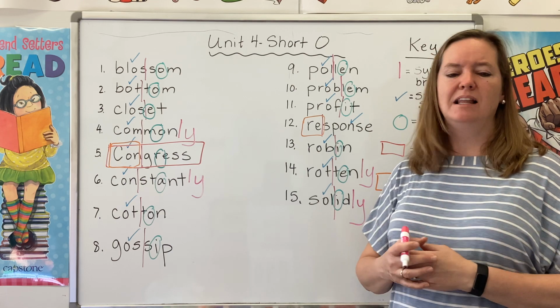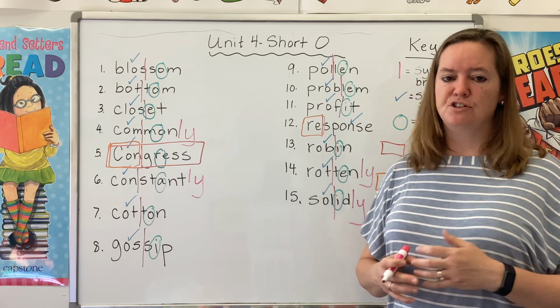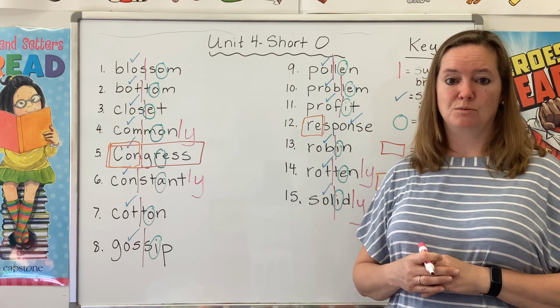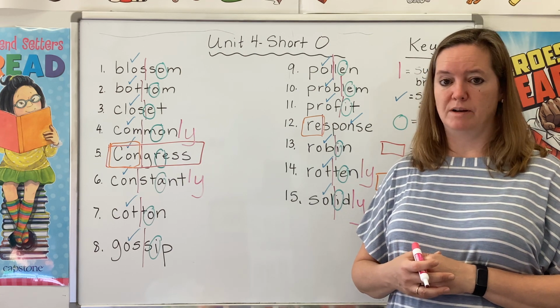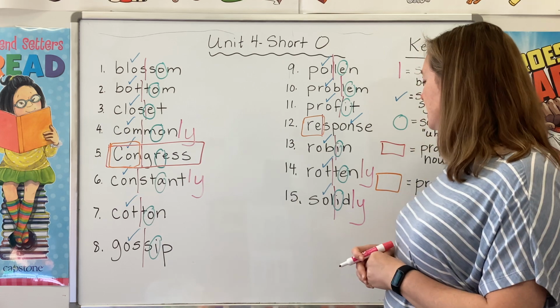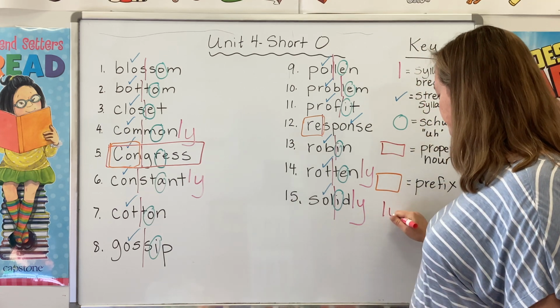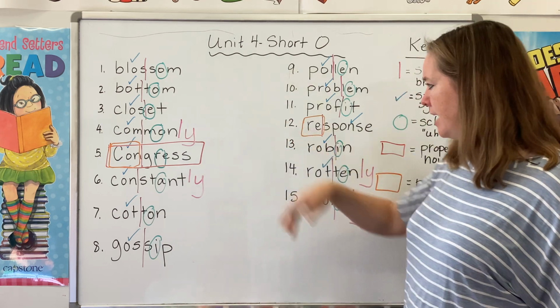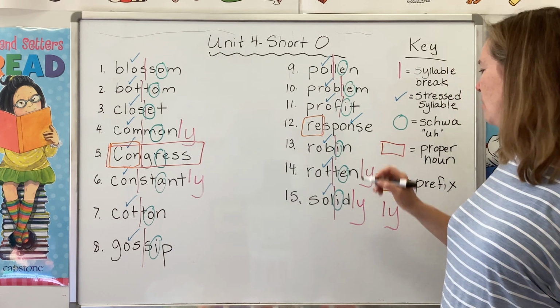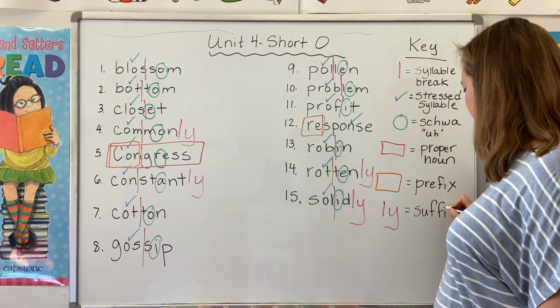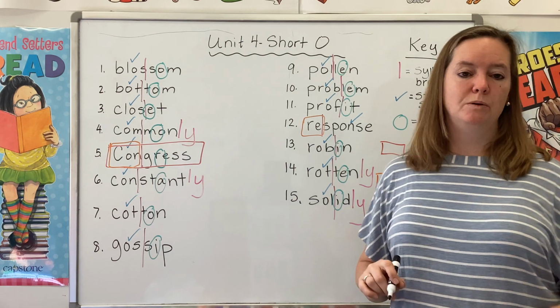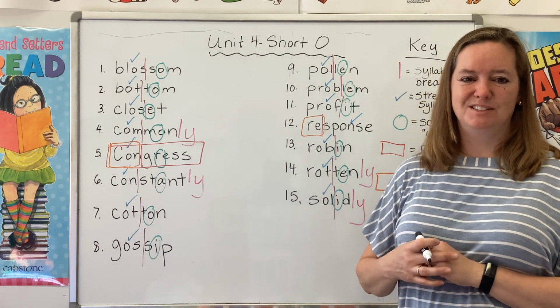He solidly scored 100 on his spelling tests. We're just using the word solidly to describe how well he scored. So just keep that in mind. On here, anywhere I added a pink ly, I added a suffix, okay? You will hear more about that later in this unit.